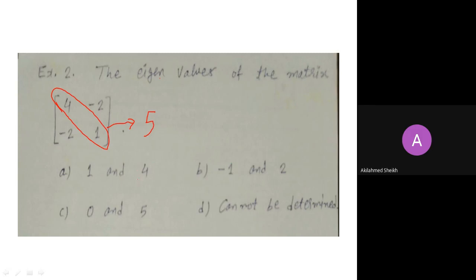So check here, 4 plus 1 is 5. This is one option. Another option is plus 1, which can be discarded. 5 plus 0. It means either option A or option C. Out of these two options, only one is correct, either A or C. This D option is also discarded.